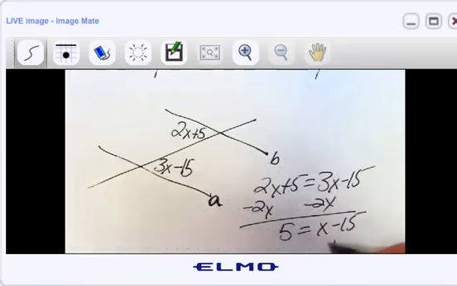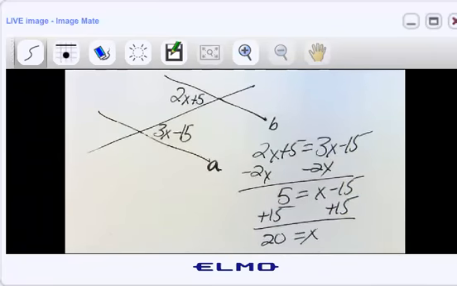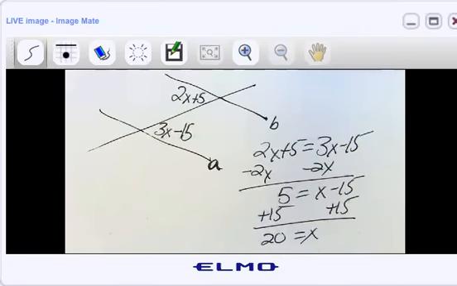You're going to see that a lot of this feels very similar to what we've been practicing. I ended up getting 20 on this one. So that means if x has the value of 20, lines A and B will without a doubt be parallel. If x is any other value except 20, you're not going to have parallel lines.